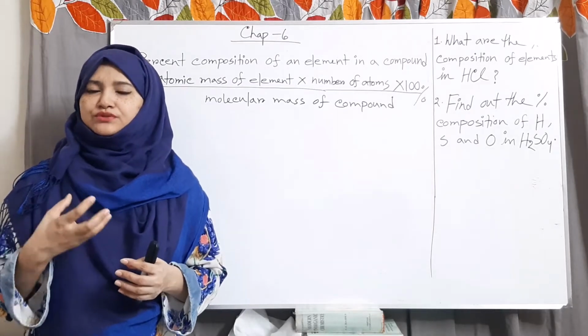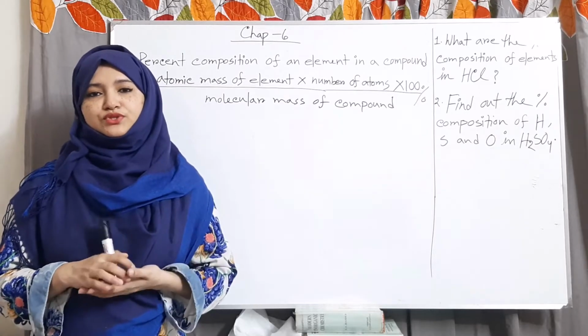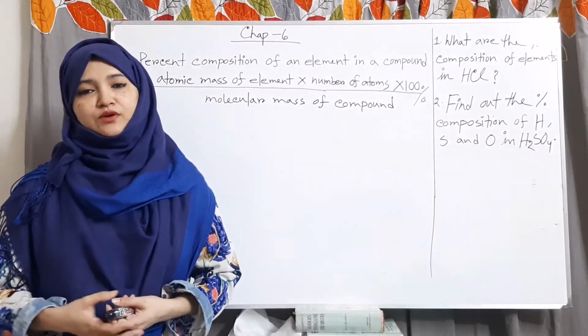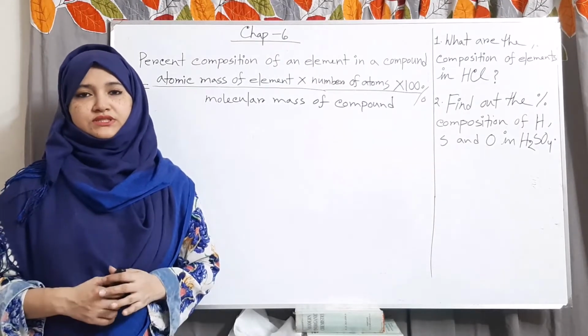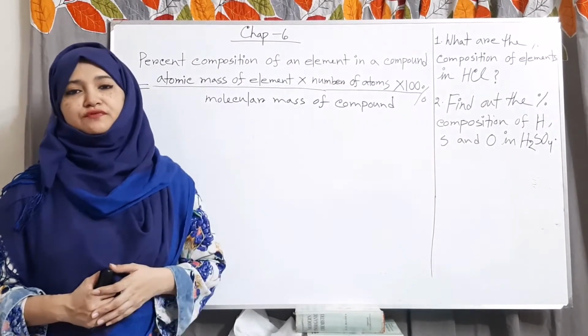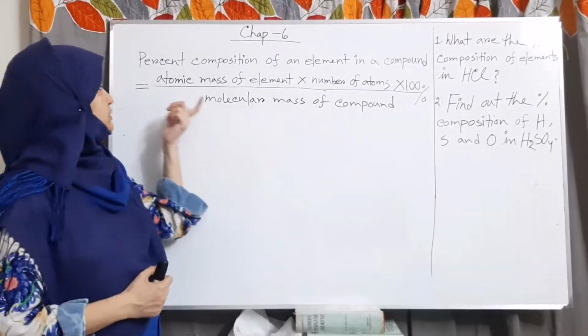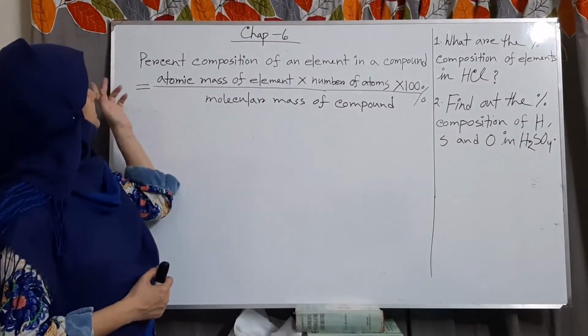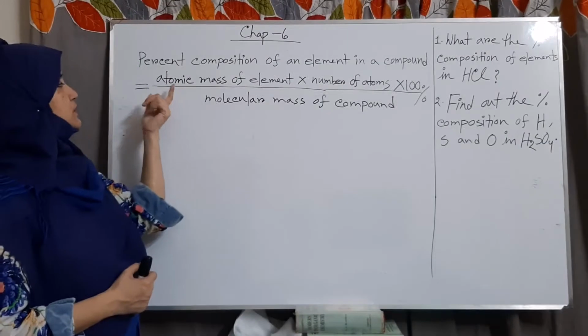And the molecular formula is the main source to determine the percent composition of any element in a compound. There is a formula in your book for calculating the percentage composition of any element. You can also use the unitary method, but the formula is: the percent composition of an element in a compound is equal to atomic mass.